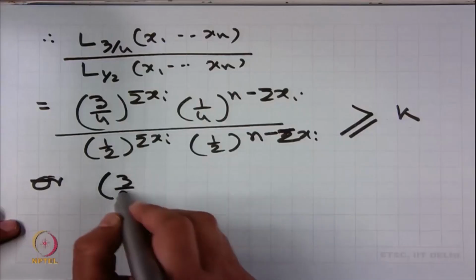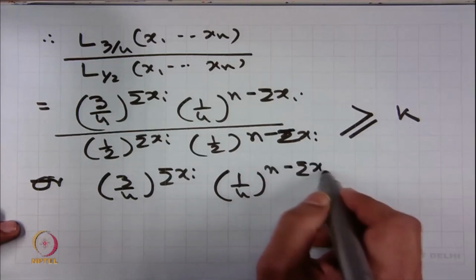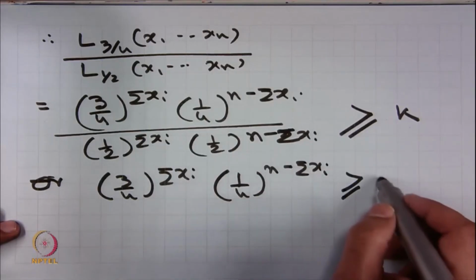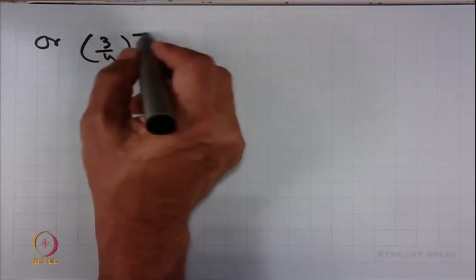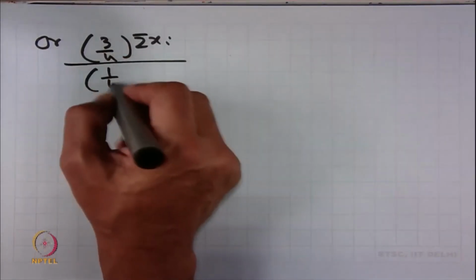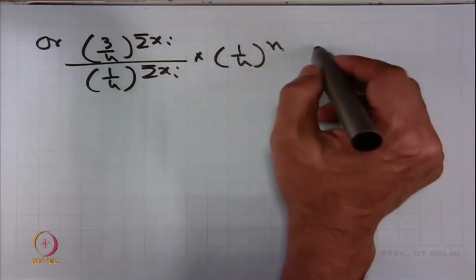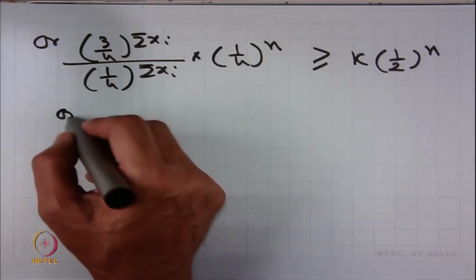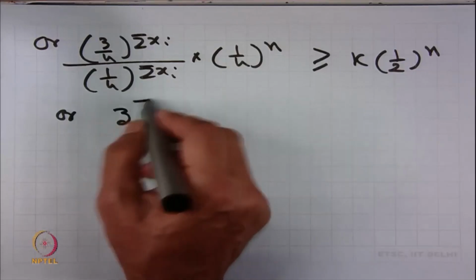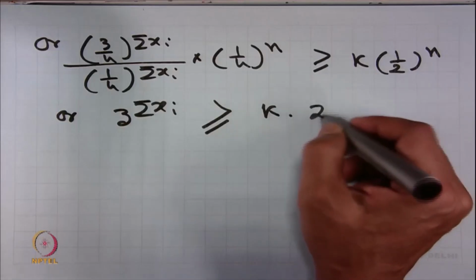Or 3 by 4 to the power sigma xi into 1 by 4 to the power n minus sigma xi is greater than or equal to k times half to the power n, or 3 by 4 to the power sigma xi upon 1 by 4 to the power sigma xi into 1 by 4 to the power n is greater than or equal to k into half to the power n, or 3 to the power sigma xi is greater than or equal to k times 2 to the power n.